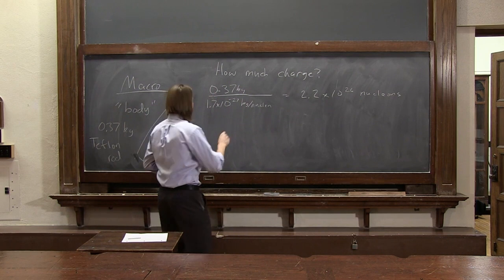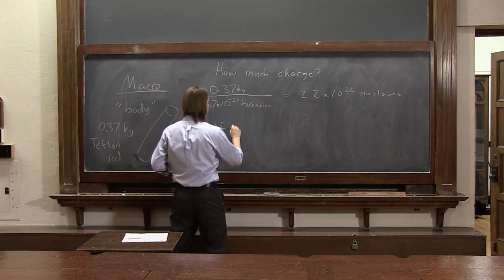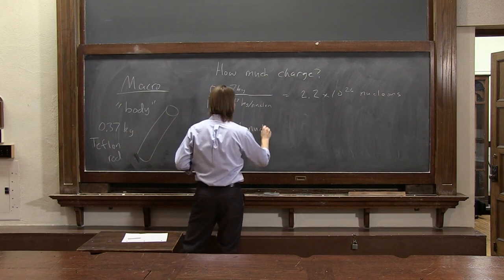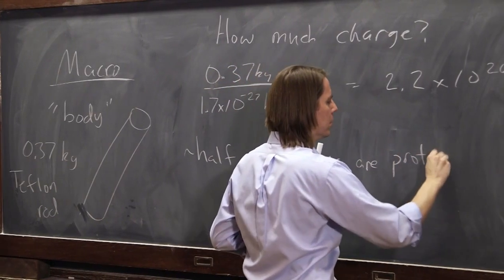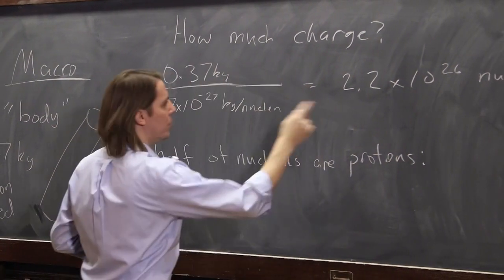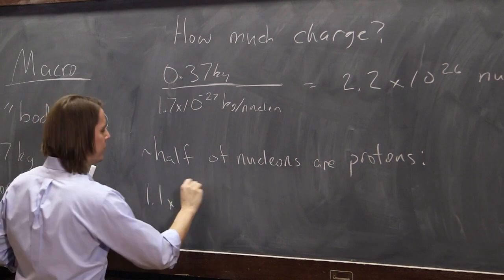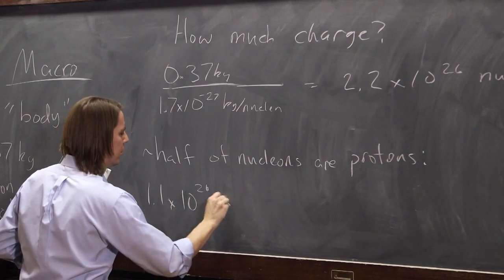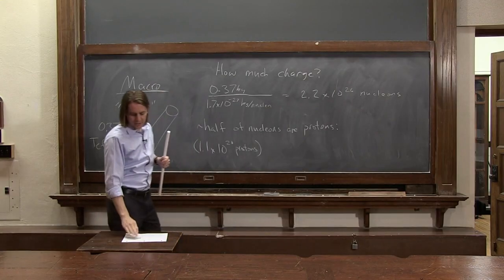So if that's true, then we know that roughly half of the nucleons are protons. So we know we have 1.1 times 10 to the 26 protons. Okay?